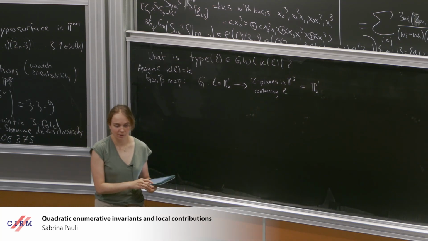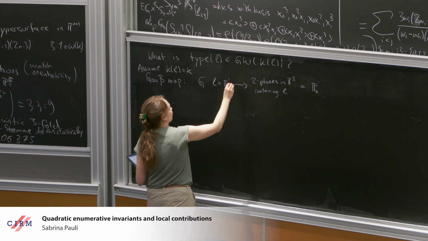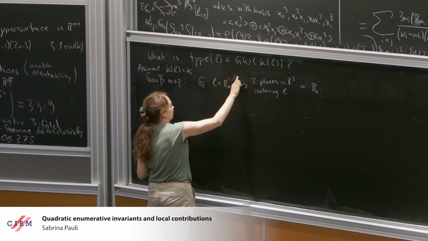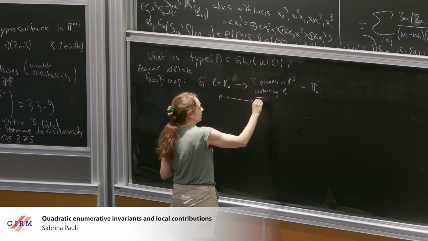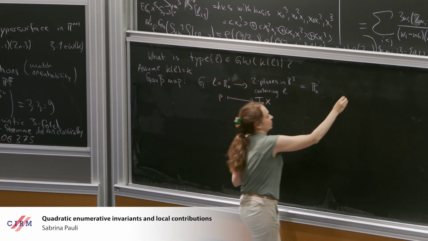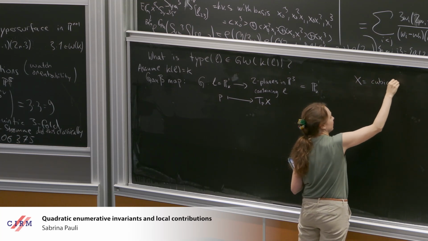And if you write this down, you see that this map has, oh, I haven't told you what the map is. You send a point on the line to its tangent space in the cubic surface. So X is the cubic surface, the smooth cubic surface.